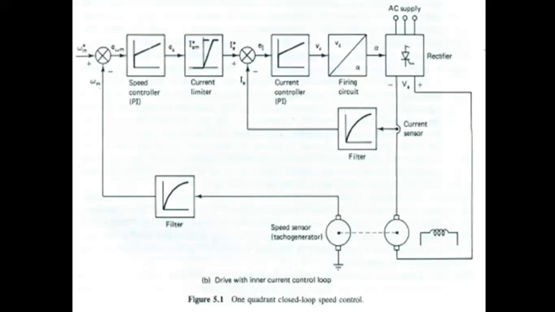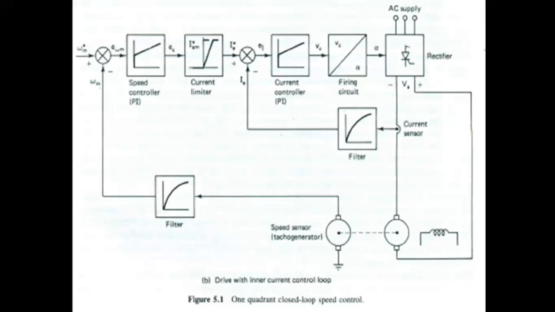These speed errors are corrected at the maximum permissible armature current until the speed error becomes small and the current limiter comes out of saturation. Now the speed error is corrected with IA less than the permissible values.